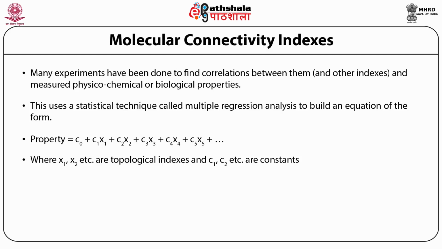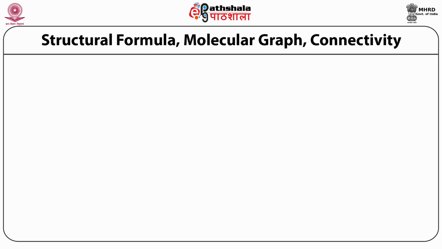Then you try to fit many structures having different properties, and that solution gives you the values of C0, C1, C2, C3, which I will elaborate more when we go to the quantitative structure activity relationship. However, it has been found that many of the properties, of physicochemical nature and even biological nature, have a good correlation with several of the x1, x2, x3 descriptors or topological and connectivity indices.